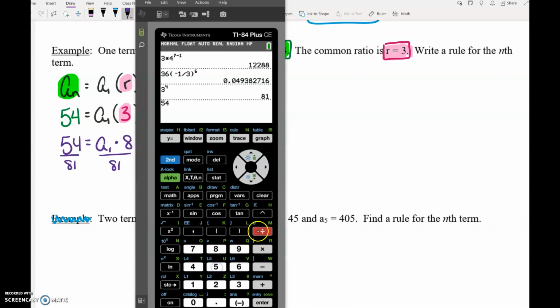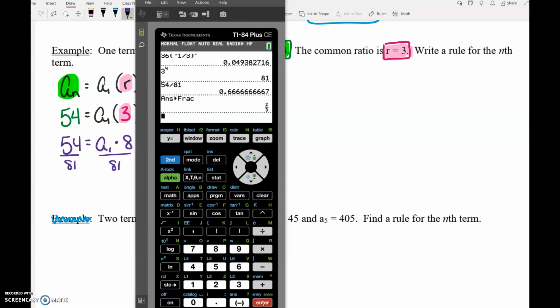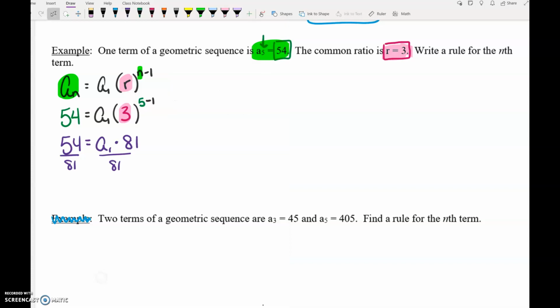And 54 divided by 81 is, does that look like a fraction that we know? What fraction is that? Change it to a fraction if you need to. 2/3. I'm going to use 2/3 because I think it's cleaner than 0.67. So 2/3 is my first term.